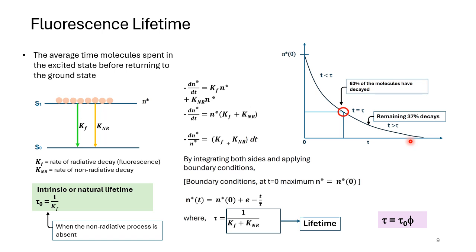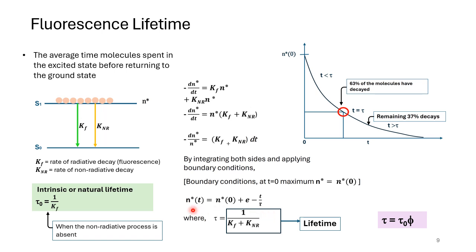And from this curve, we can see when t equals tau. So if we put in this equation t equals tau, it will become n star 0 times e to the power minus 1.